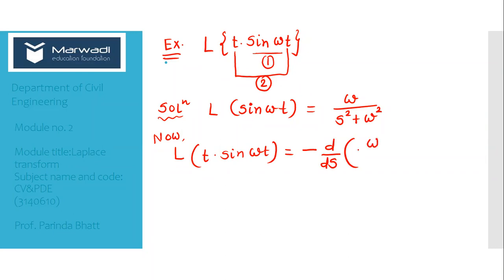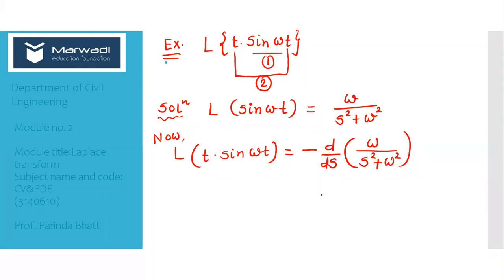This is applicable here: omega upon s square plus omega square. Clear everyone? First find the basic function's Laplace transform, then multiply with t. Therefore on the right hand side, as per the rule, the minus sign, d by ds, differentiation of omega upon s square plus omega square. Clear everyone? Now tell me, how can we find this differentiation?